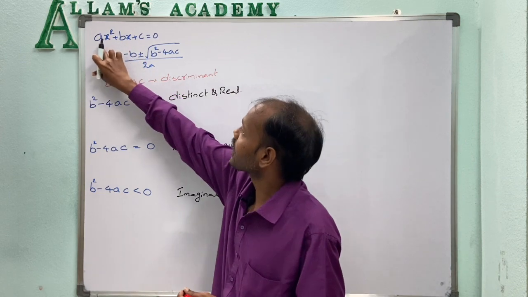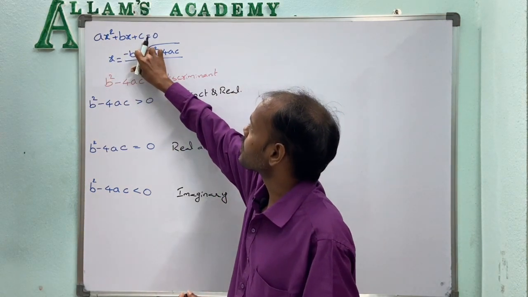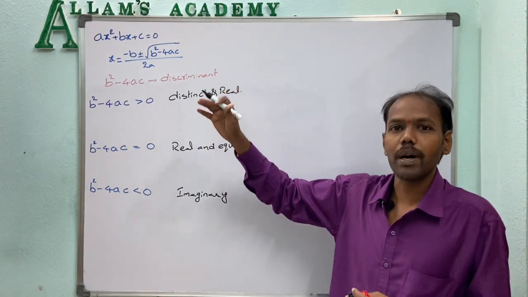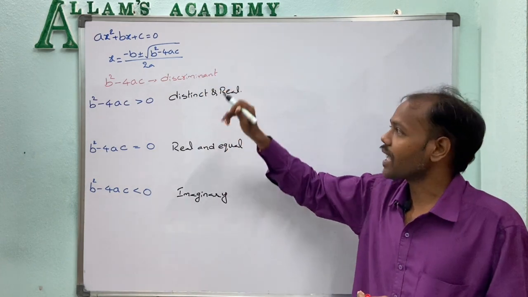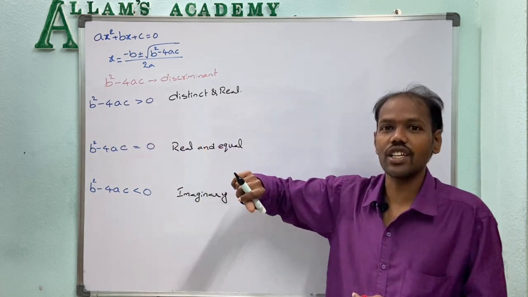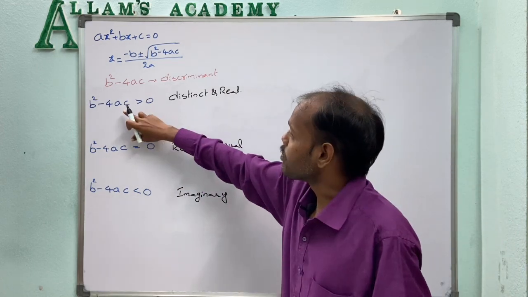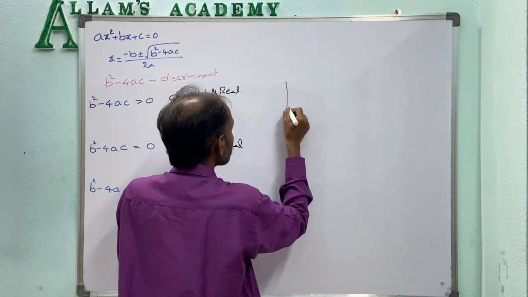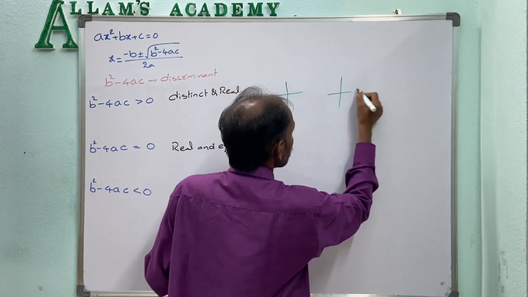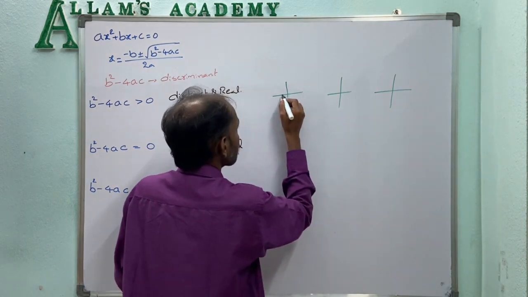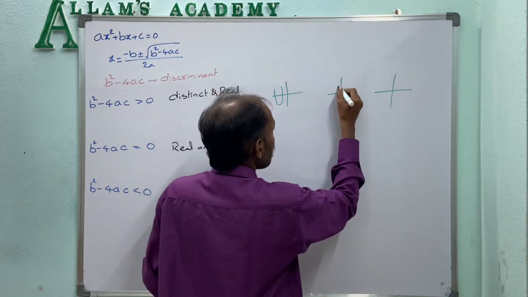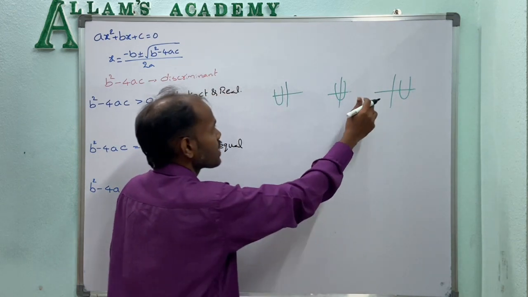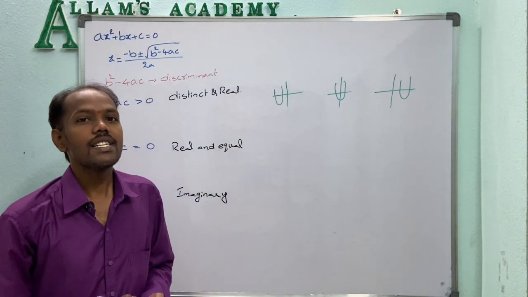So if we draw the graph of the quadratic polynomial ax square plus bx plus c, we get a parabola. If b square minus 4ac is greater than 0, then the graph may be either in this form, otherwise this form, otherwise this form. Any one of these three conditions is satisfied.